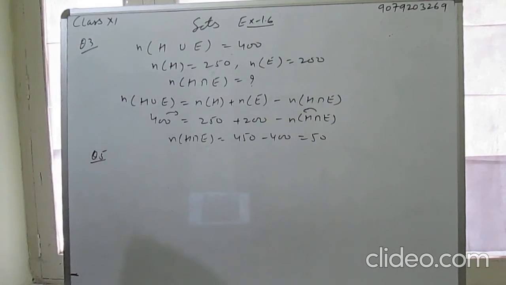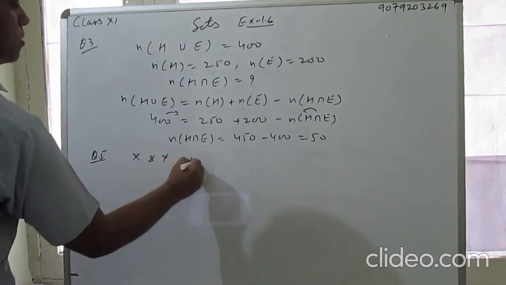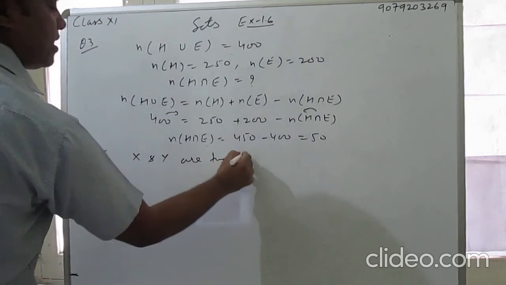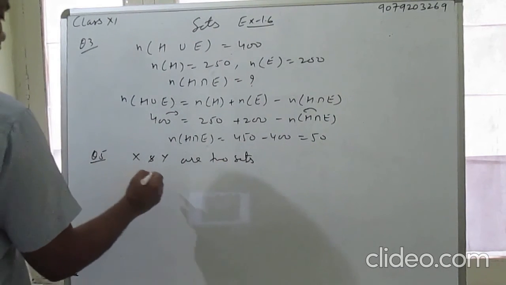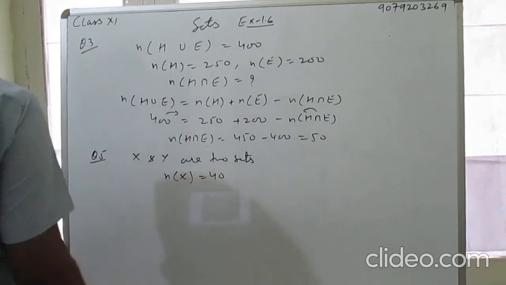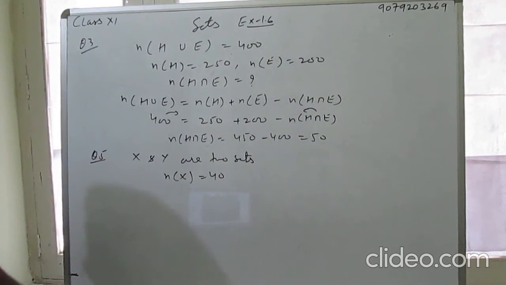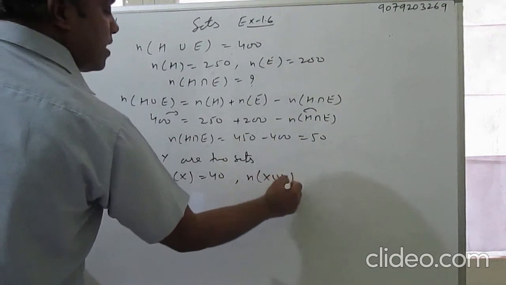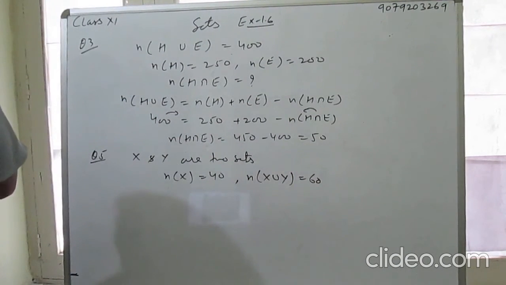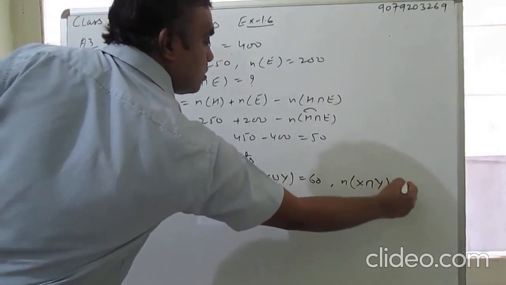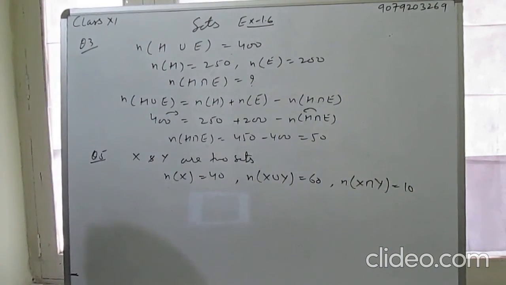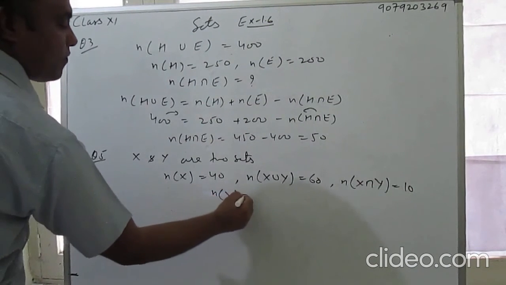If X and Y are two sets such that X has 40 elements, X union Y has 60 elements, and X intersection Y has 10 elements, how many elements does Y have? You have to find the number of elements in Y.